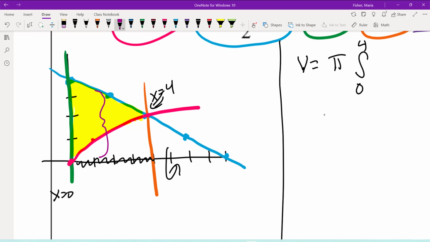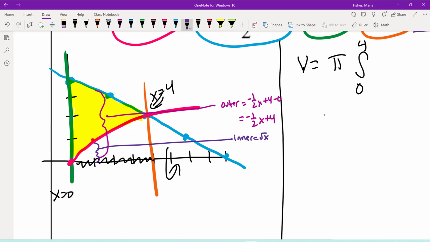So that's going to be this blue curve, which is negative 1/2 x plus 4 minus the x-axis, so minus 0. So your outer radius is just that negative 1/2 x plus 4. Your inner radius is the closest of the yellow region to the axis of revolution, so that's right here. So my inner radius is equal to the square root of x minus 0, or the square root of x.